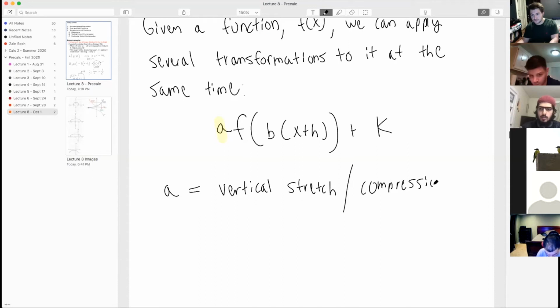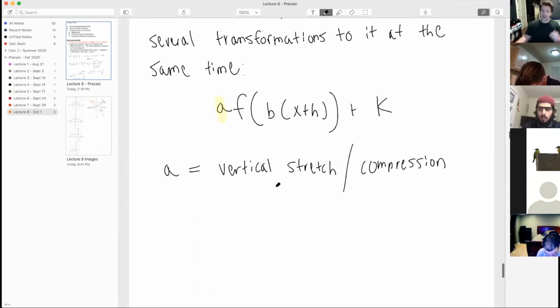Is this the order? Order's coming. This is not the order. That's coming right next. I'm just identifying what each of these letters do here. So A is the vertical stretch. Next, B. B is the horizontal stretch or compression.